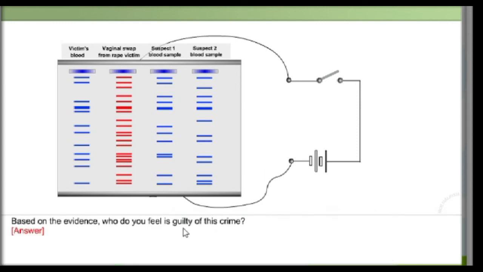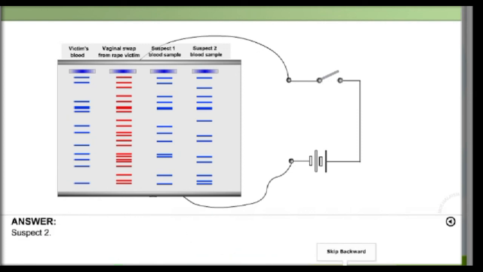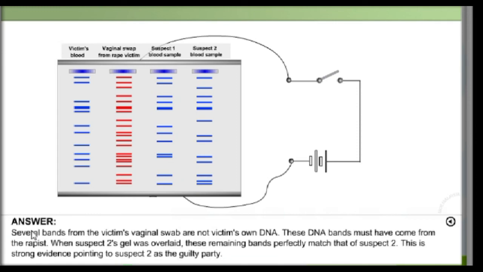Based on the evidence, who do you feel is most guilty? Suspect 2 has a more matching pattern with the vaginal swab of the victim's blood. So suspect 2 is the most guilty. So the problem of this criminal case is solved.